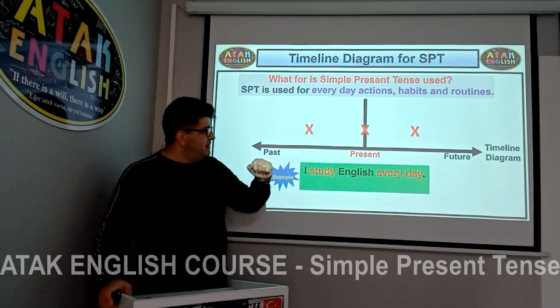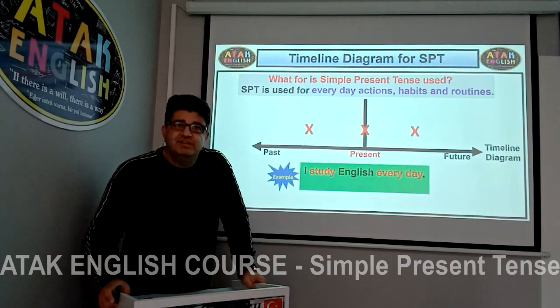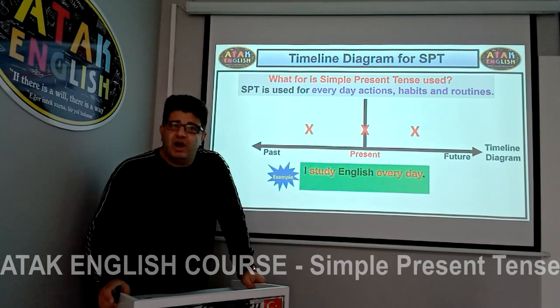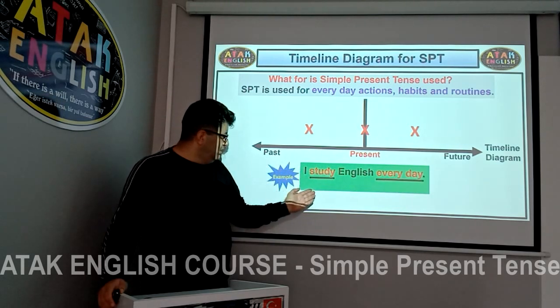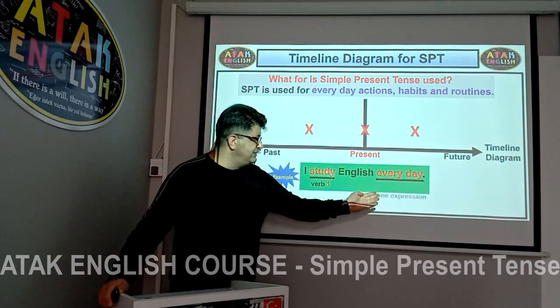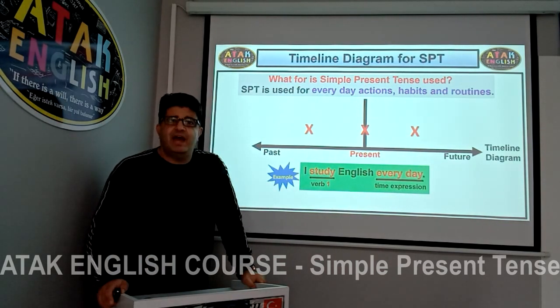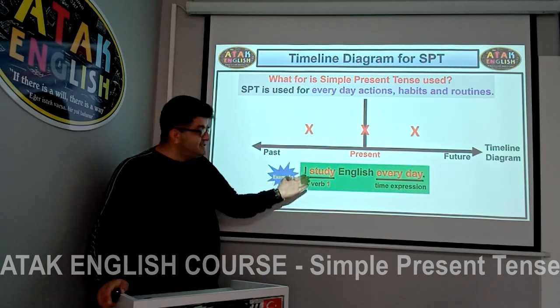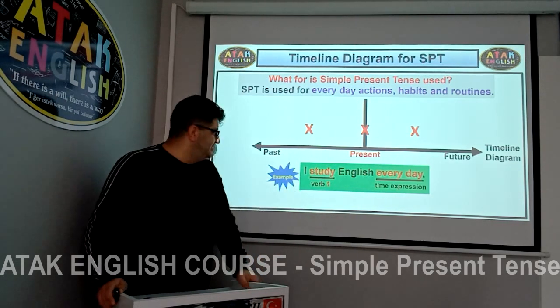And number 2, time expressions. Every day is a time expression of simple present tense. There you go. Verb 1 and number 2, time expression. Out of these two things, I understand that this sentence or another sentence is made in simple present.